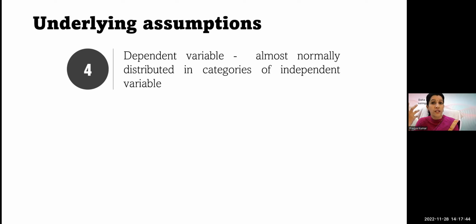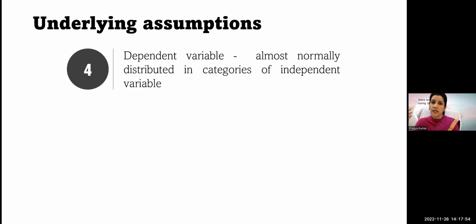And if you don't want to express your result in median or mean rank, then you can take a call to apply ANOVA even if it is not very strictly normally distributed. And there should not be significant outliers in the dependent variable, and there should be homogeneity of variances.